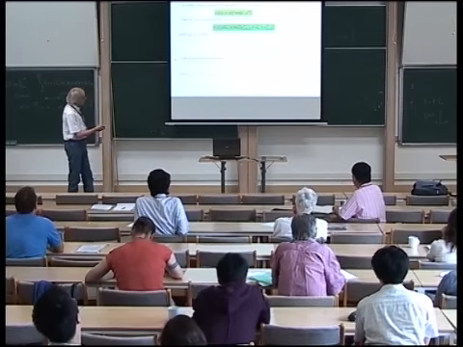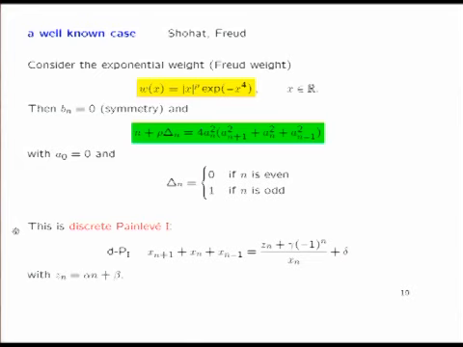If I put names there, these are the people that you have to praise in that case, Shohat and Freud. It's this weight over here, a special case of this family. You can actually put in an extra singularity over there.